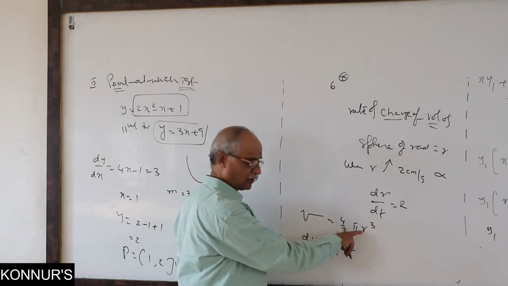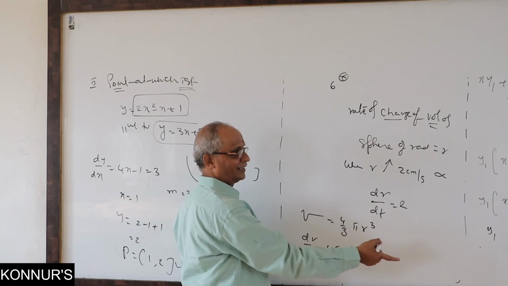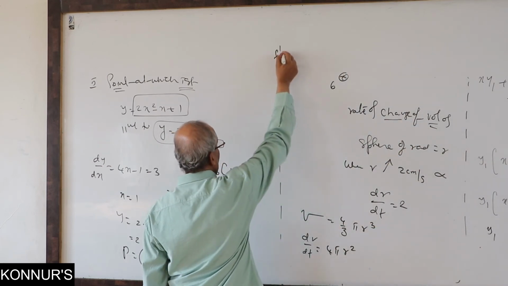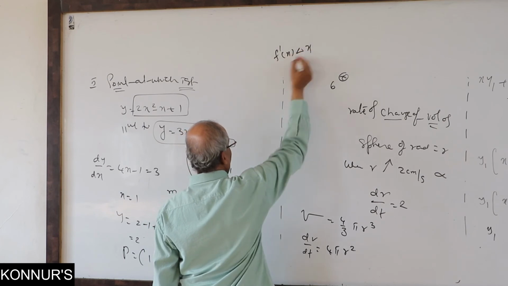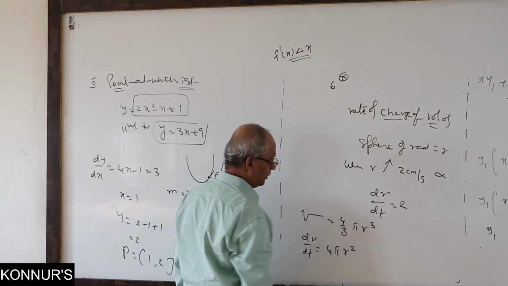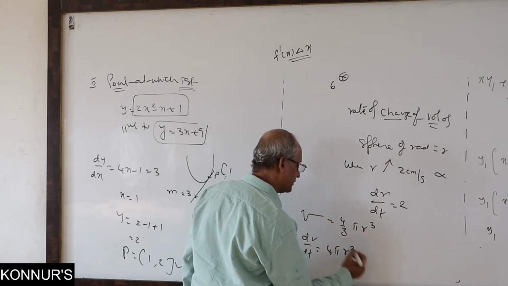You are doing the derivative of a variable, followed by its error. What is our formula in errors and approximations? f dash x delta x. r is the variable: 4 pi r square into delta r.